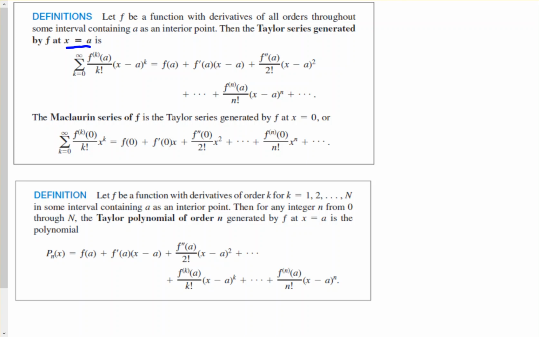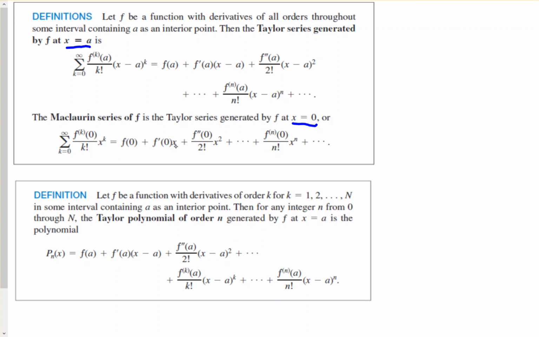The Maclaurin series is centered at x equal to 0. So you'll see that the Maclaurin series will always look a lot shorter because it doesn't have all these binomials. Everything will be evaluated at 0: the derivative evaluated at 0, and the original function for the first step evaluated at 0.